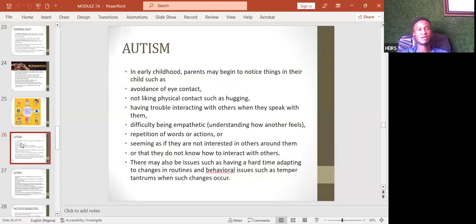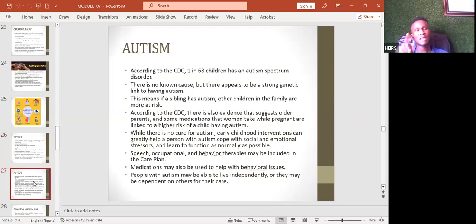There may also be a hard time adapting to changes in routines, and behavioral issues such as temper tantrums when such changes occur. According to the CDC, 1 in 68 children has autism spectrum disorder, called ASD.